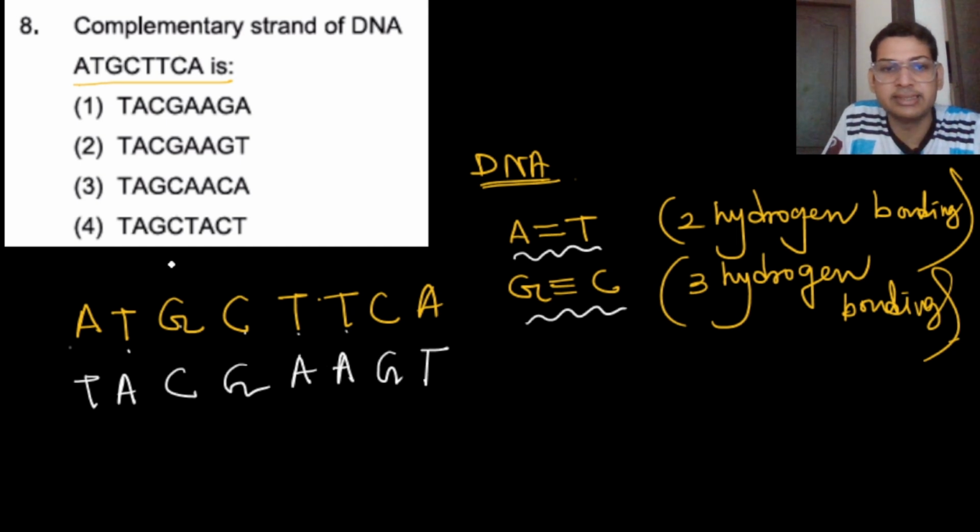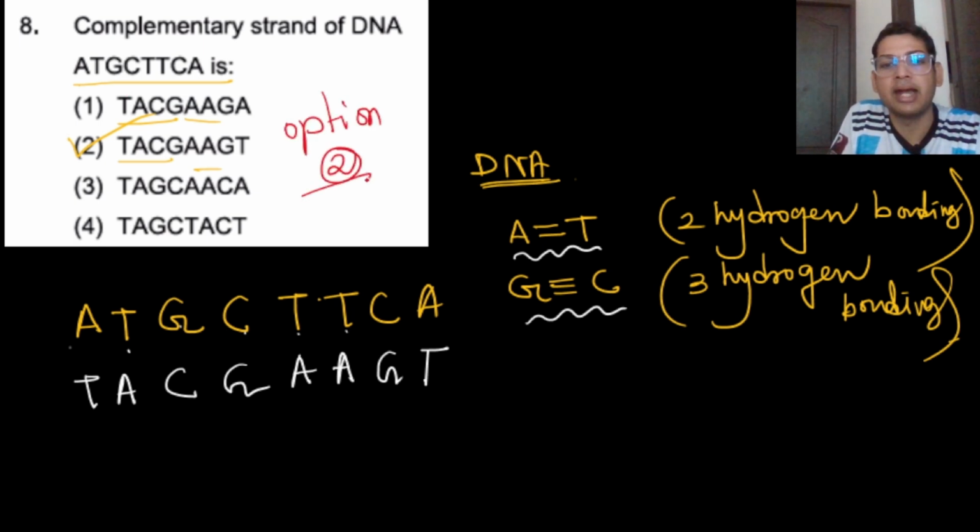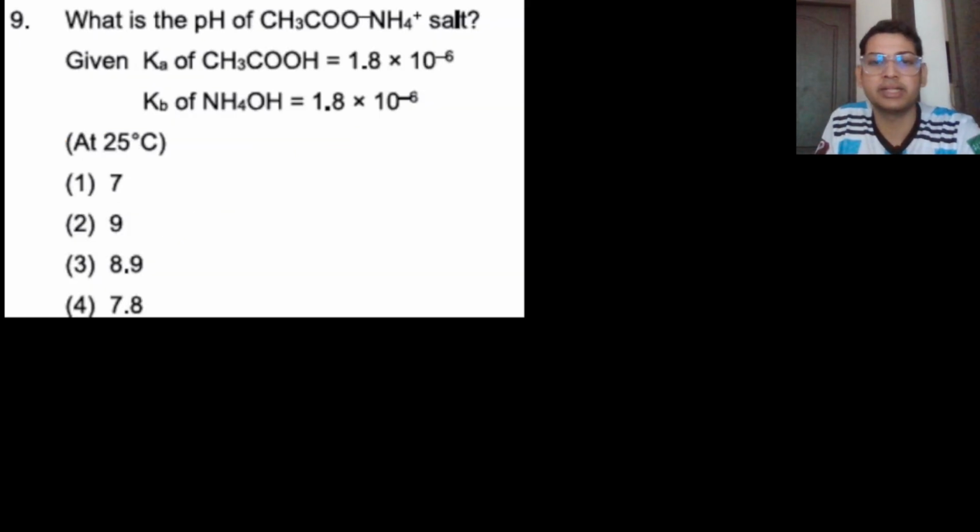So T, A, C, G, T, A, C, G I am getting here, and then A, G, T, G, T. That means option number 2 is matching very beautifully and that will be my answer. It's so easy. Okay. Now going to the next question.